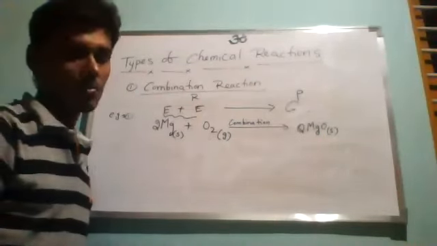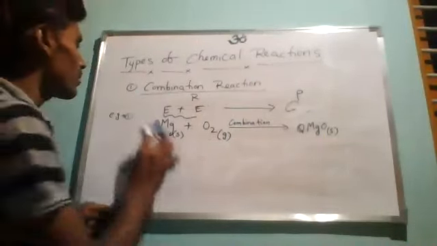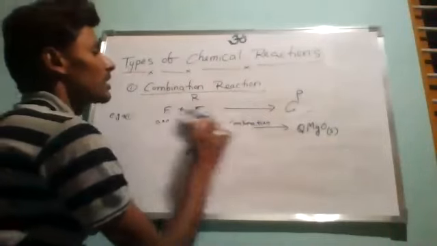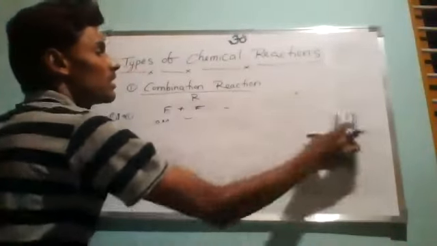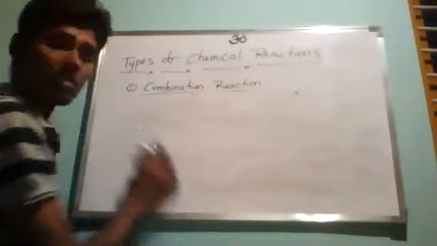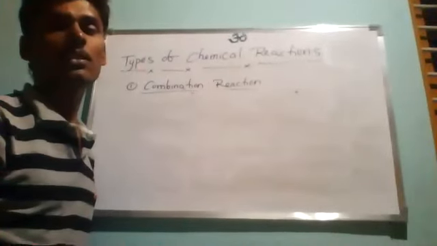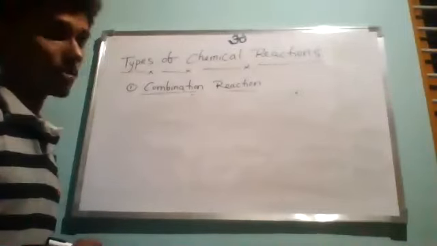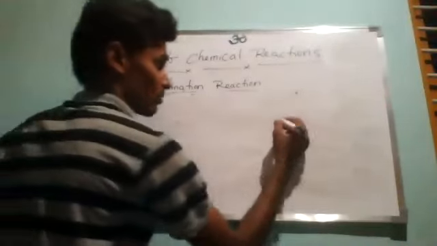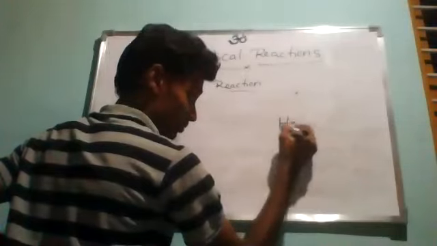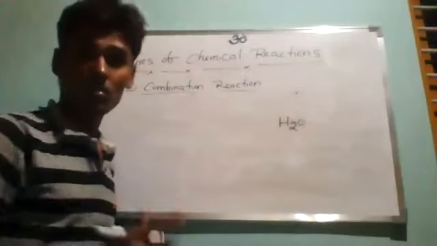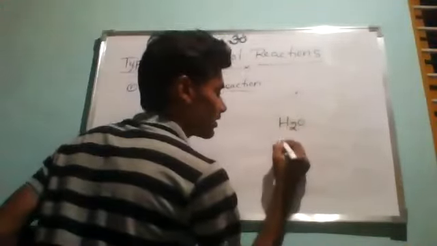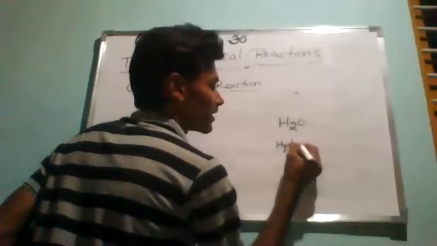Understood? Now let me go to the second example of an element plus element combination reaction. We already know this very well: the formation of water. We know the chemical formula of water is H2O. Remember, water can also be called hydrogen oxide.